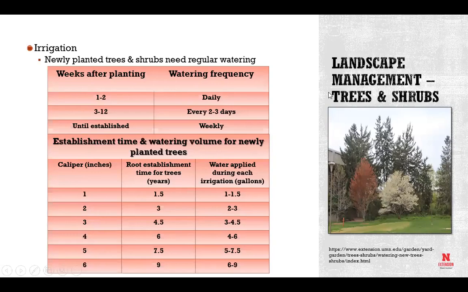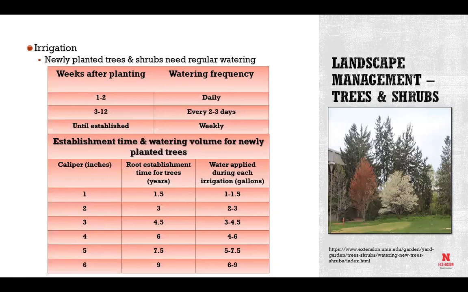Irrigation. This is really, irrigation is so hard for people to understand and do properly. And we talked a little bit about the automatic system, but this is really, I think, a pretty darn good rule of thumb. This really helps you, especially on newly established trees and shrubs.